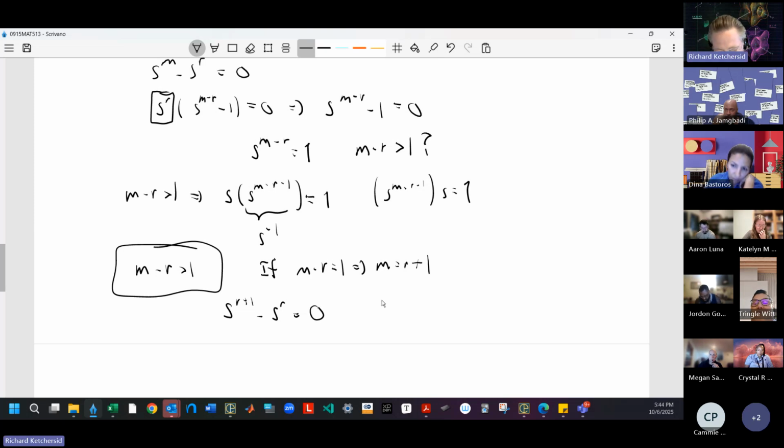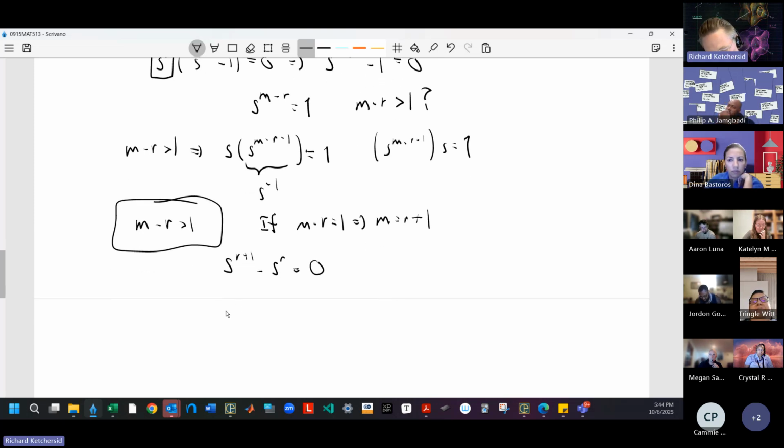But then I'm getting that S^R times S minus 1 equals 0. And that would be telling me that S equals 1. In that case, S equals 1, but 1 definitely is an inverse, namely itself. So S inverse is also just equal to 1.